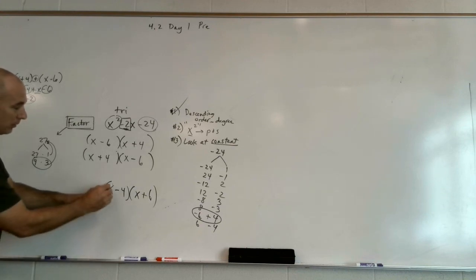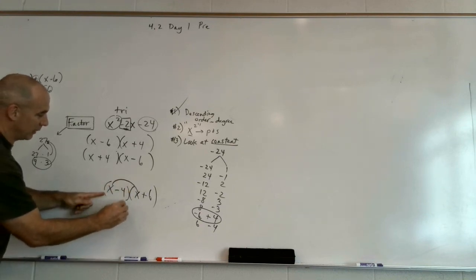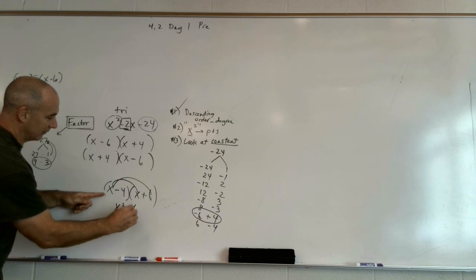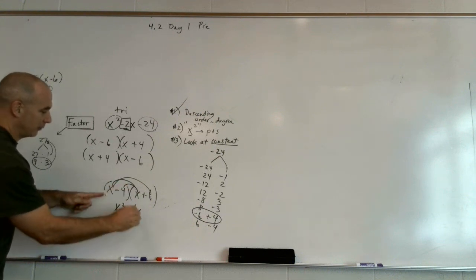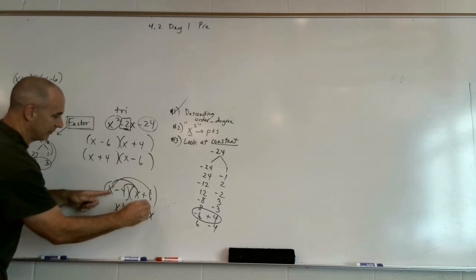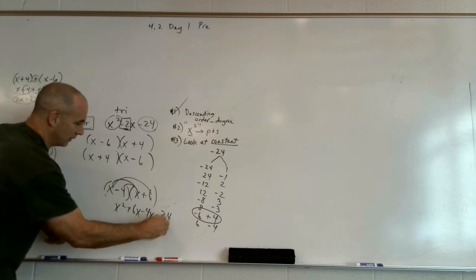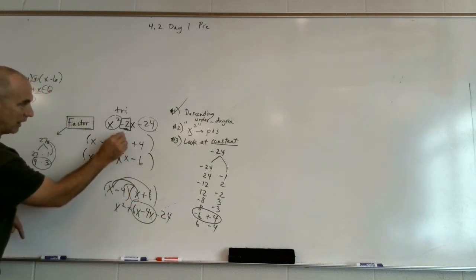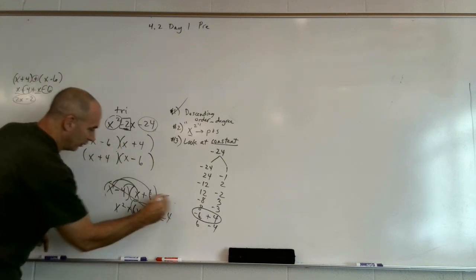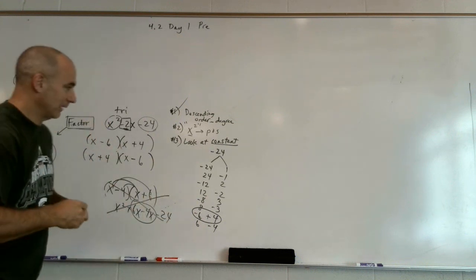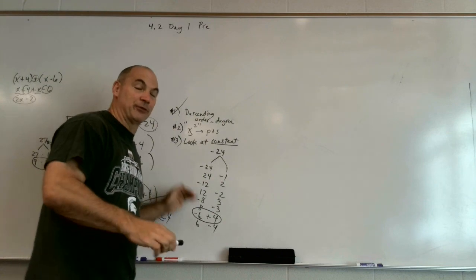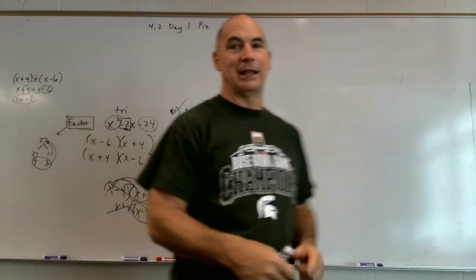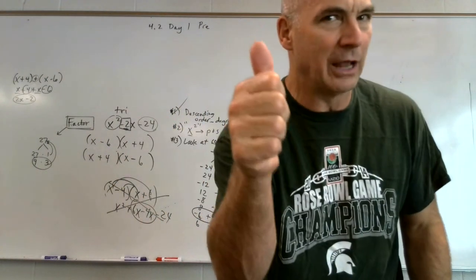Why? Watch. x times x is x squared. x times 6 is 6x. Negative 4 times x is negative 4x. 6 times negative 4 is negative 24. What do these add up to? 2x. We want negative 2x. So it does get a little persnickety, and you just have to be careful. Now, there's a couple tricks I'm going to show you in the packet lesson, but that's it for the pre-lesson. I think you guys get the gist.